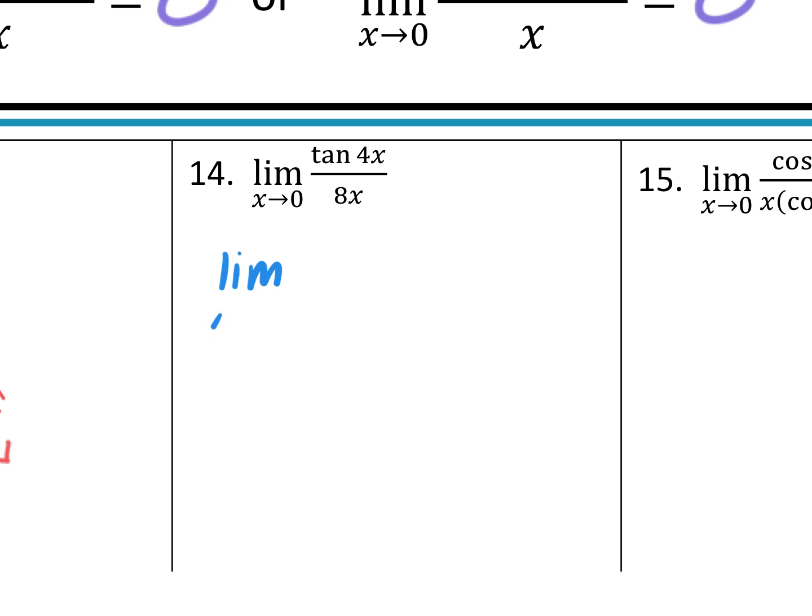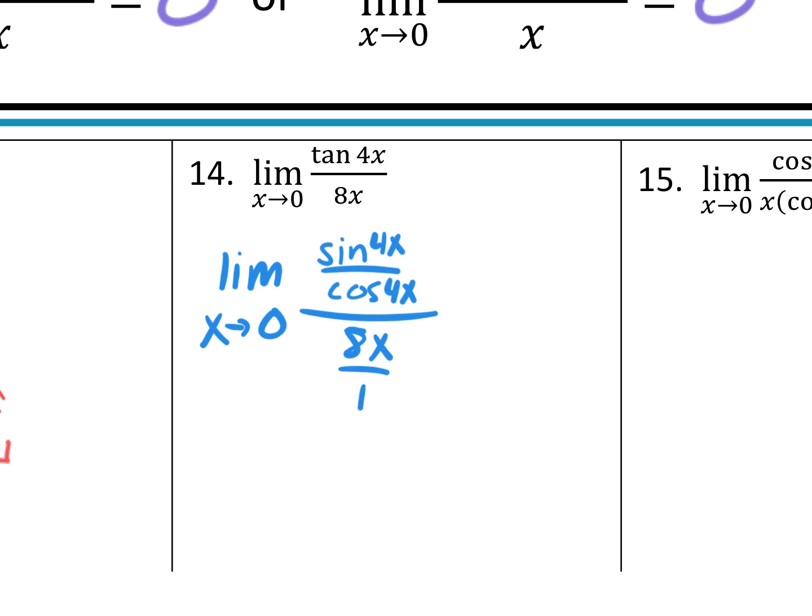This is the limit as x approaches 0 of sine of 4x over cosine of 4x, and this is all over 8x. All right, I don't really like the way that looks. How can we fix that? Okay, good.